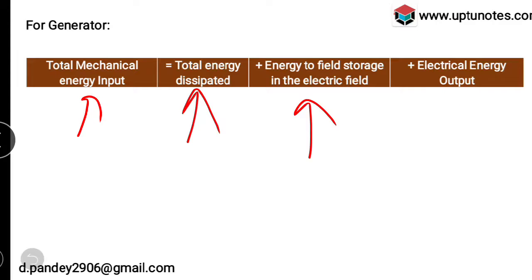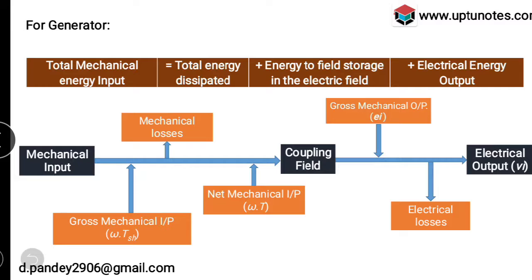The block diagram of this process looks like this: mechanical energy input, then the coupling field, and after that the electrical output. The first step is the gross mechanical input, omega into tau sh, the torque fed to the shaft multiplied by omega.